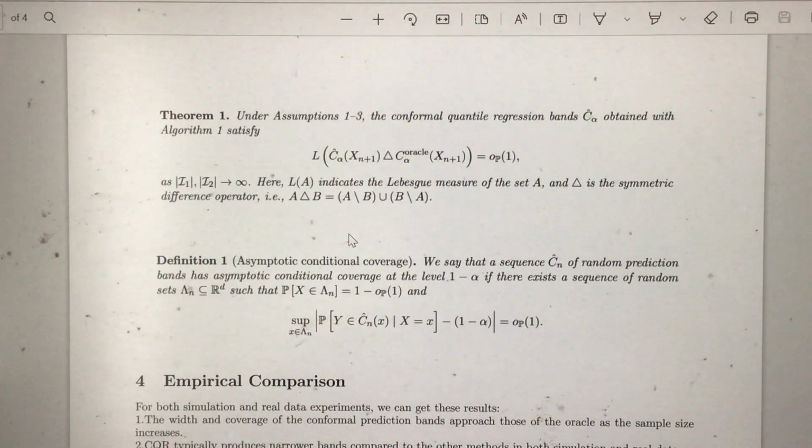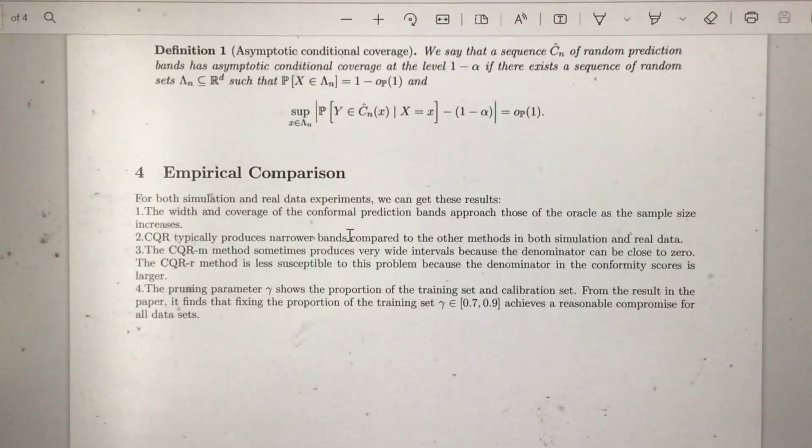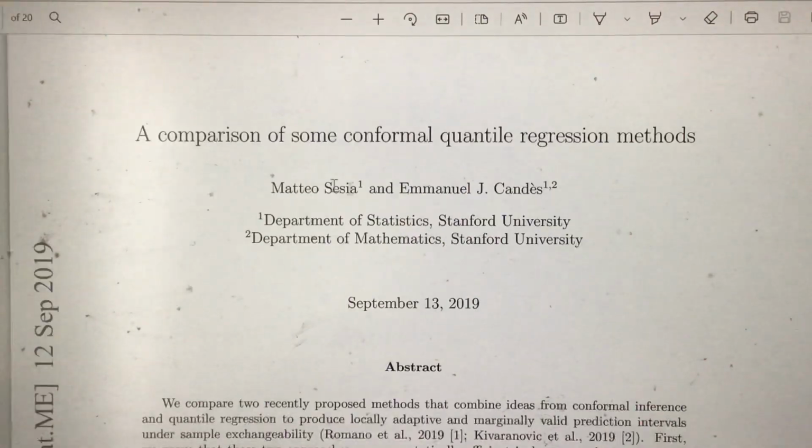The next part we'll talk about is the experiment results. The experiment results have two parts: one is the simulation part, and the other is the real data part. I think we can just go through the paper. I can show you in the paper.